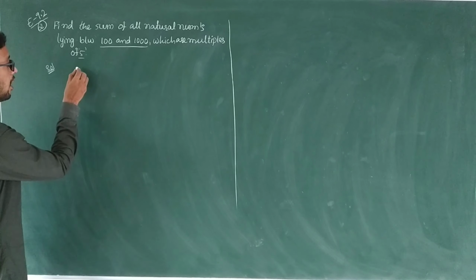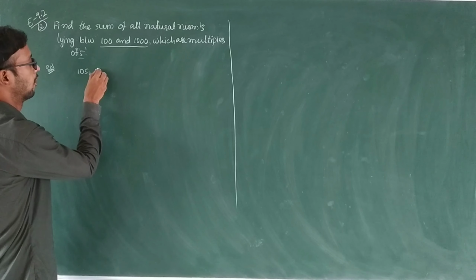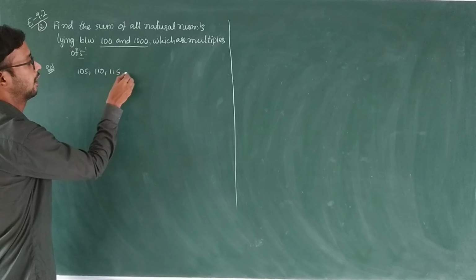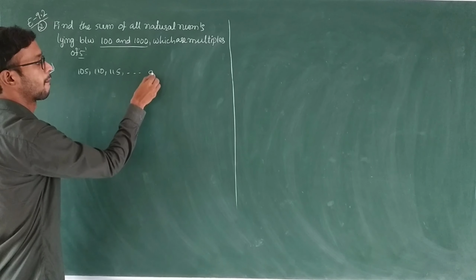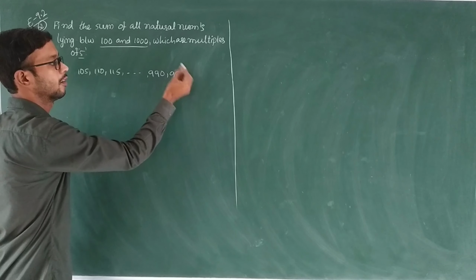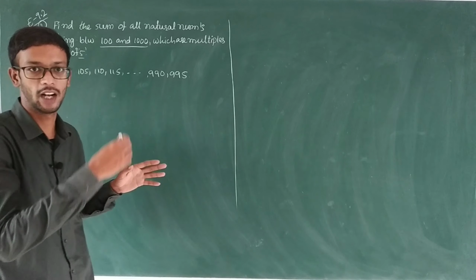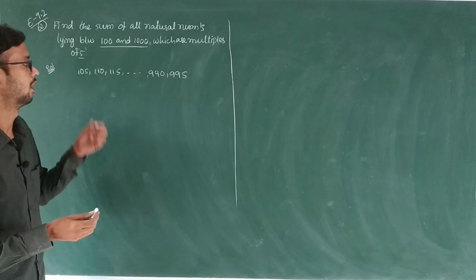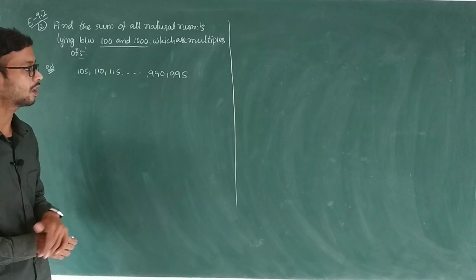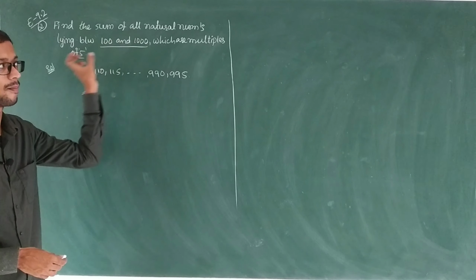So you have to take 105, 110, 115, and so on, up to 990, 995. Between means not including 100, not including 1000.